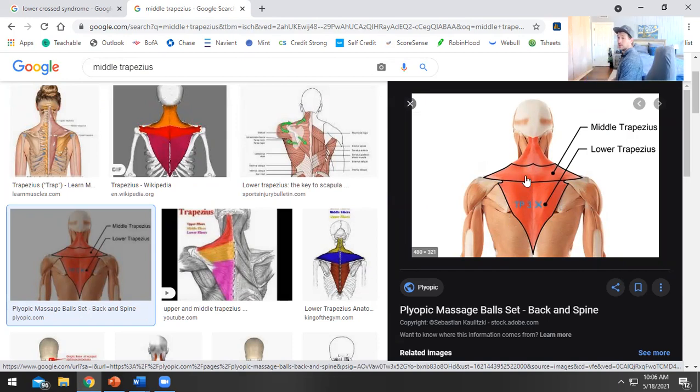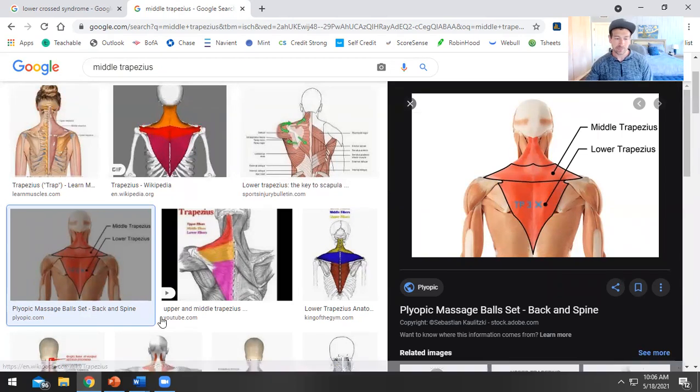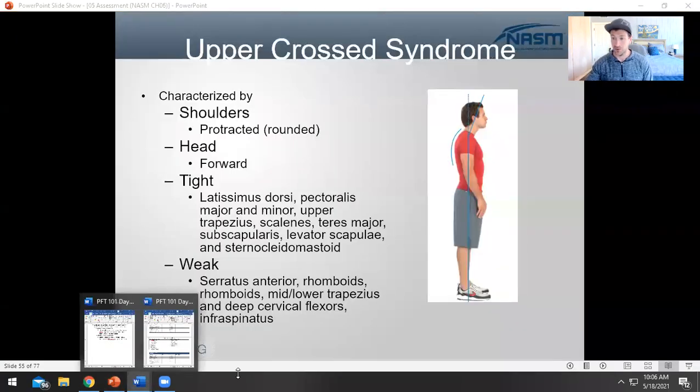So the middle trapezius also does shoulder retraction, just like the rhomboids, but then you've also got your lower trapezius, which, if your upper trapezius does this, your lower trapezius does this, right? So one's pulling up, one's pulling down, okay? So we need to strengthen the one that pulls us back down.